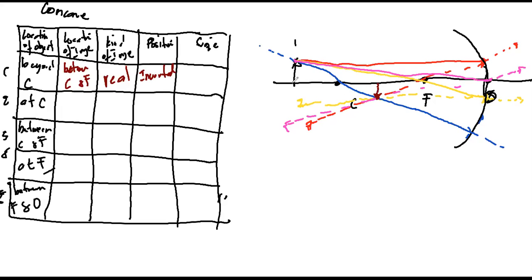If you look at the height of the arrow over here, you will see that there is actually a difference in the height. The height reduces, so it will be reduced. So if the object is located beyond C, the image is located between C and F. The kind of image that is formed is real, the position of the image is inverted, and the size is reduced.